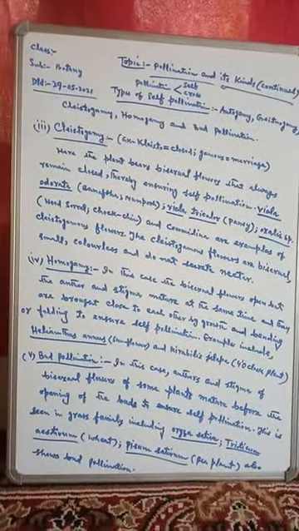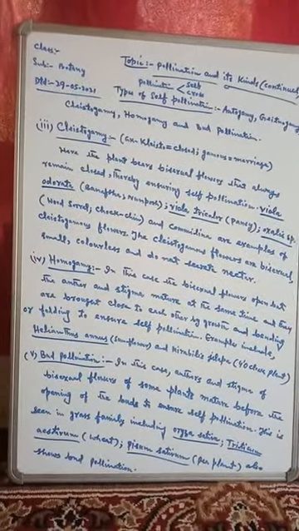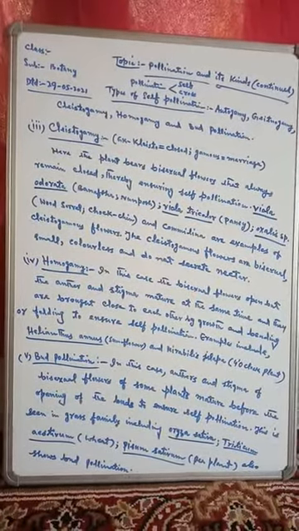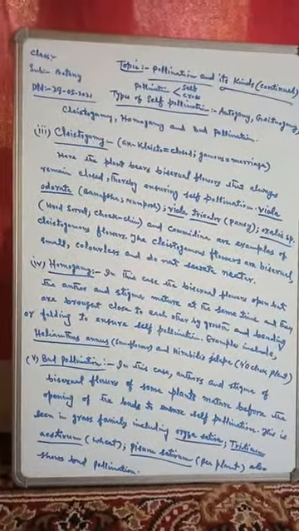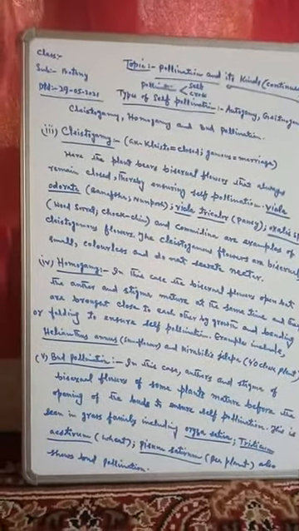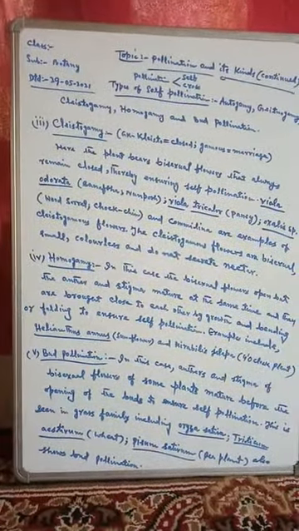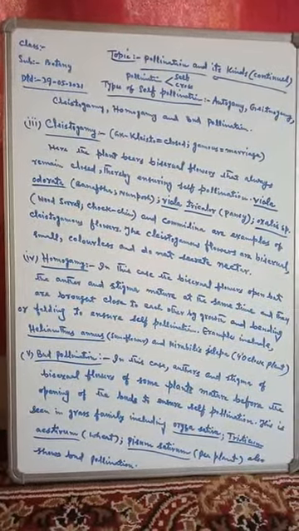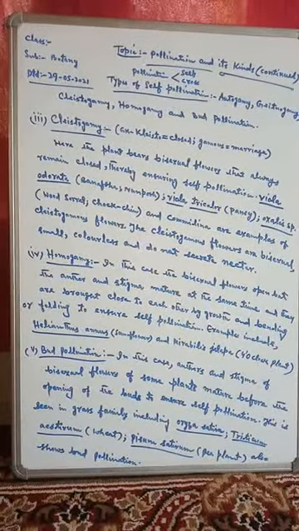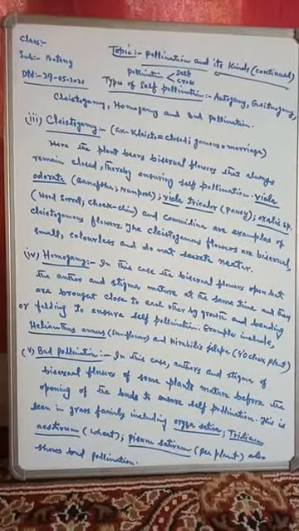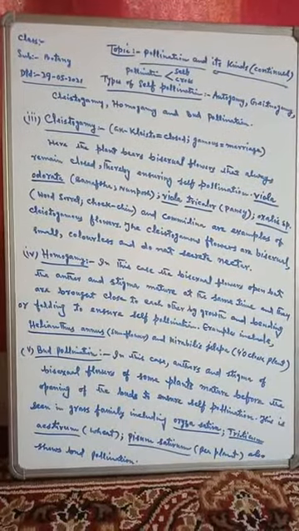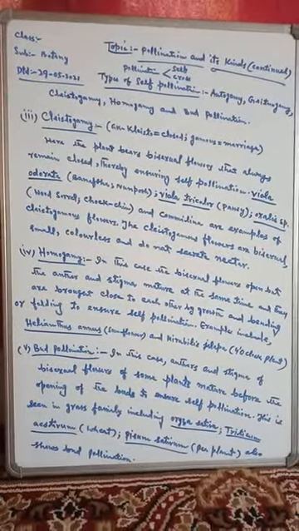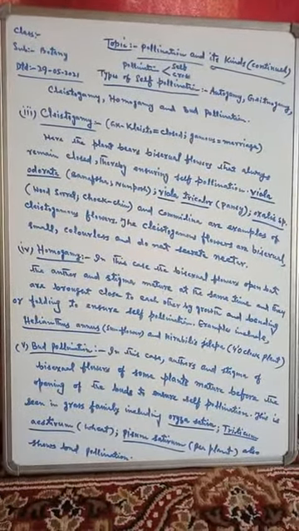Regarding calistogamy, in Greek, callisto means closed, whereas gamos means marriage. So it is the closed marriage. Here in calistogamy, the plant bears bisexual flowers that always remain closed, thereby ensuring self-pollination.